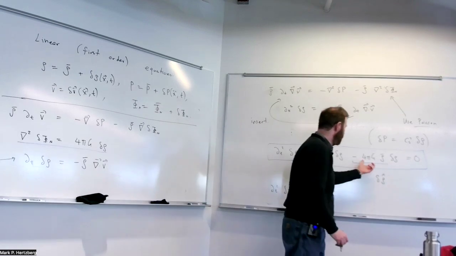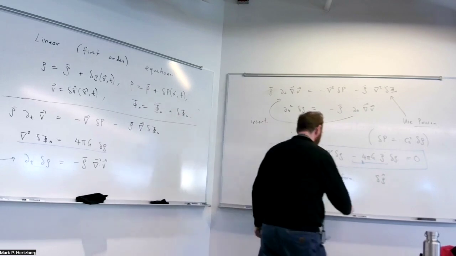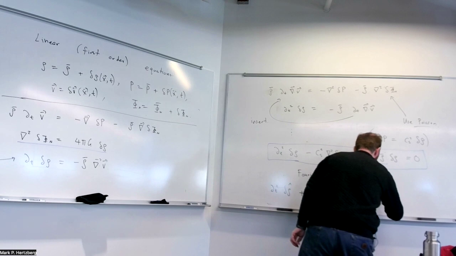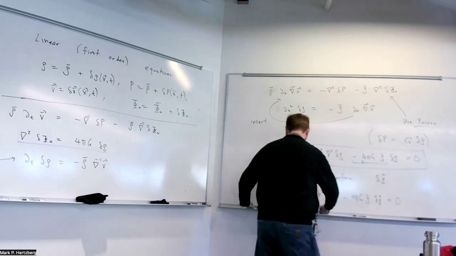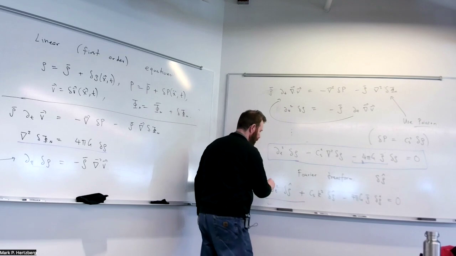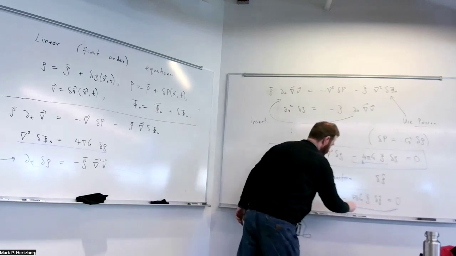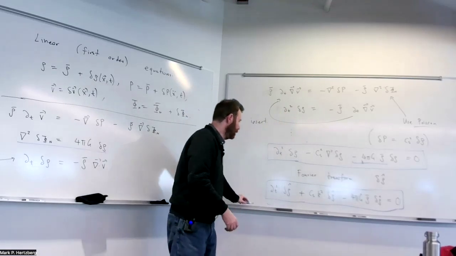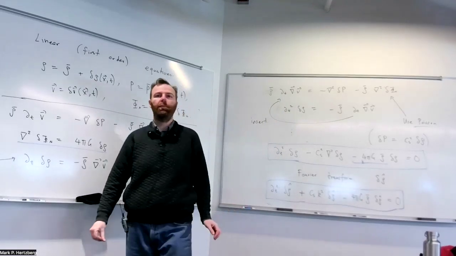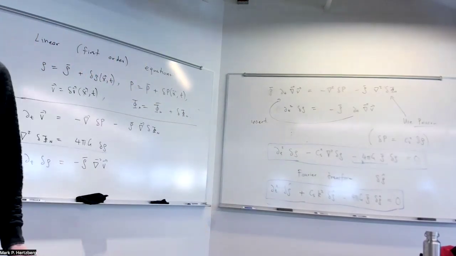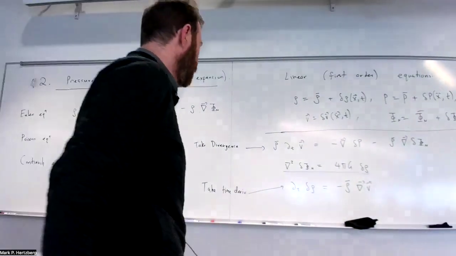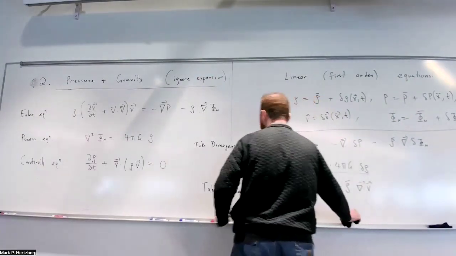And this thing is just a constant times delta rho. So that's very simple. So this is our equation, linear perturbations around some background. And we just have to unpack this for the next few minutes. Okay, any questions about this?